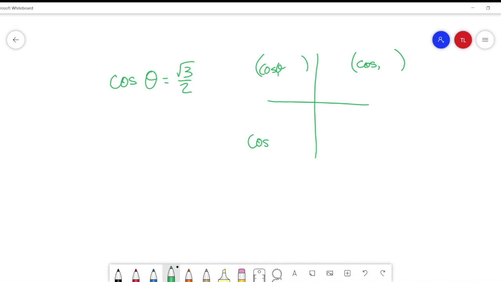Now, of course, you can't leave it without an angle on it. And the value of that cosine is the square root of 3 over 2. But you see, this is a plus the square root of 3 over 2. So, in this quadrant, the cosine would be what? Well, that rules him out.